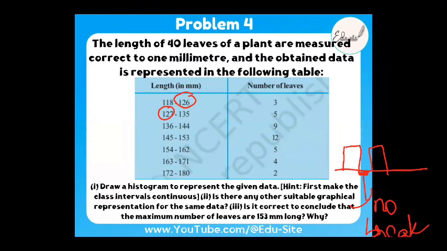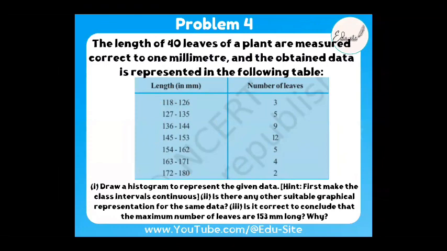So to make this class interval continuous, what did we do? We took half of 1. What is half of 1? It is 0.5. We subtracted 0.5 from 126 and added 0.5 to 127, correct?